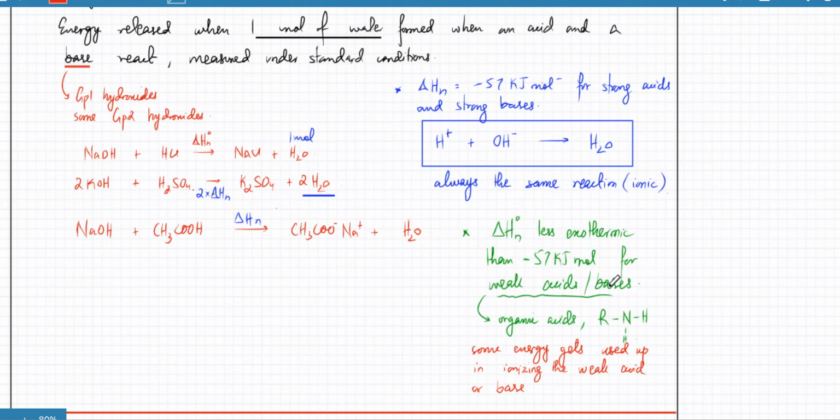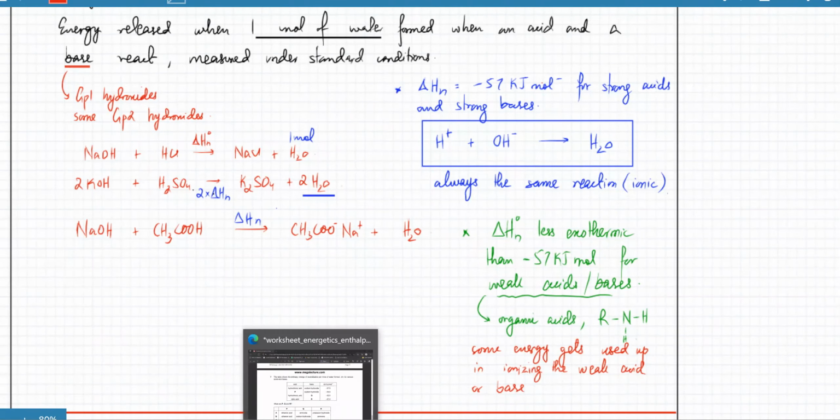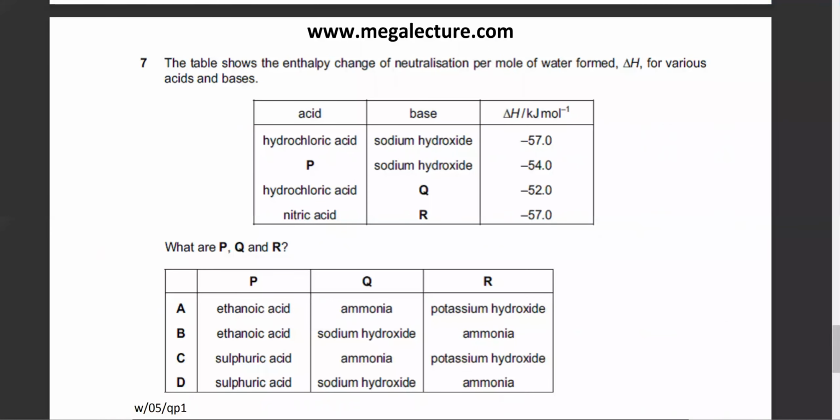They're organic acids. What are weak bases? The ones that contain nitrogen atoms. They are your weak bases. So it's going to be less than minus 57. So you can see over here that in the question, the first one is minus 57. So that's a strong acid, strong base. The second one is less than minus 57. So that means it's either a weak acid or a weak base.